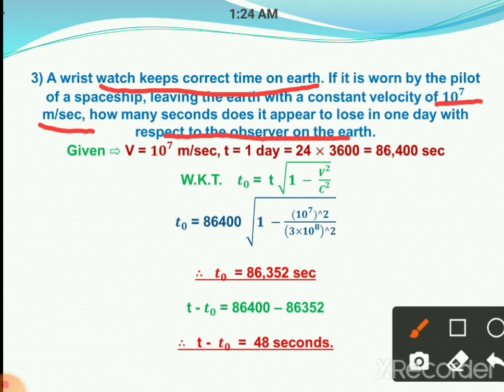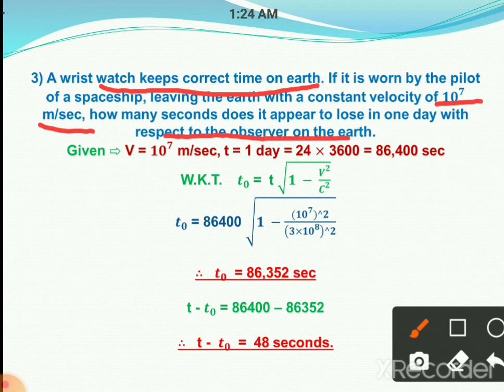So, in this problem, we have to calculate how many seconds it appears to lose in one day. We know that delta t represents the relativistic time, and delta t naught, or T naught, is the proper time.